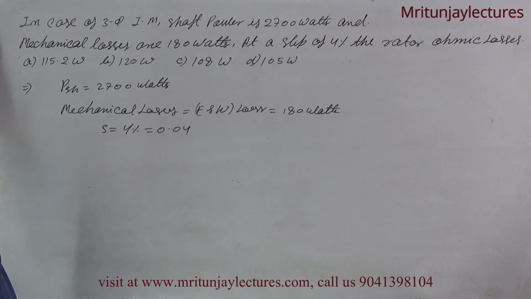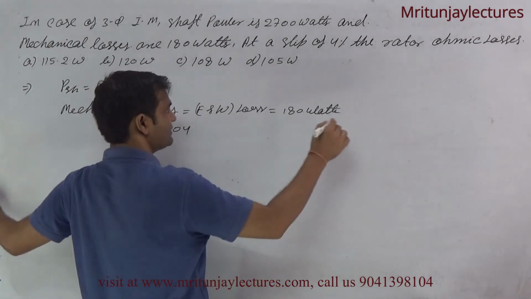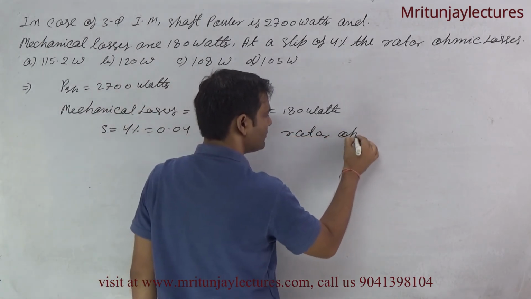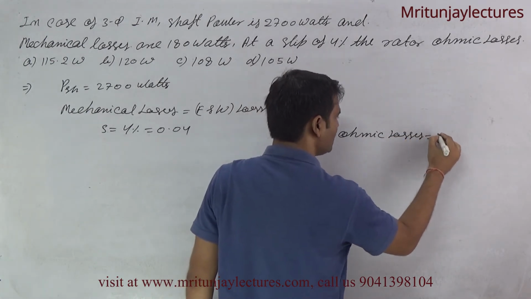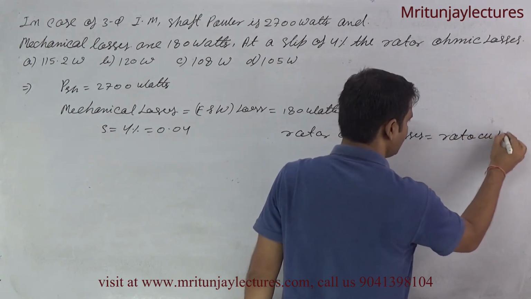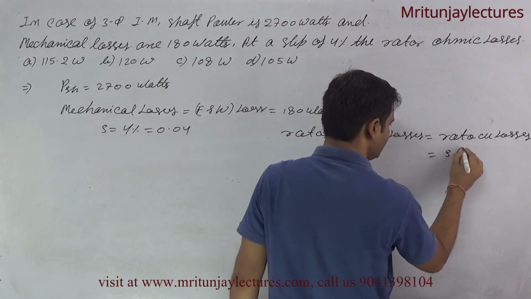The rotor ohmic losses are asked. Which one is correct? I know that rotor ohmic losses are called rotor copper losses, and that is S into PG.